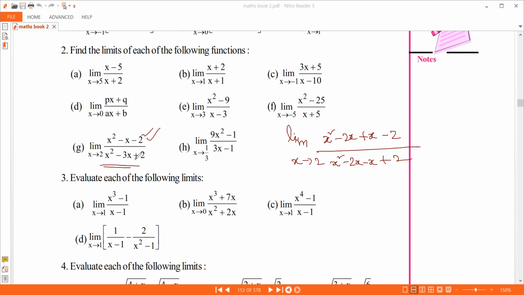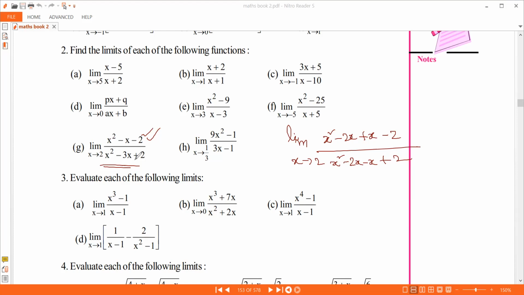So it will be 4 plus 2, 8 minus 10 divided by minus 2 minus 4 minus 8, minus 2 by minus 4. Can you explain? Wait, one second. You are directly applying the limit here.